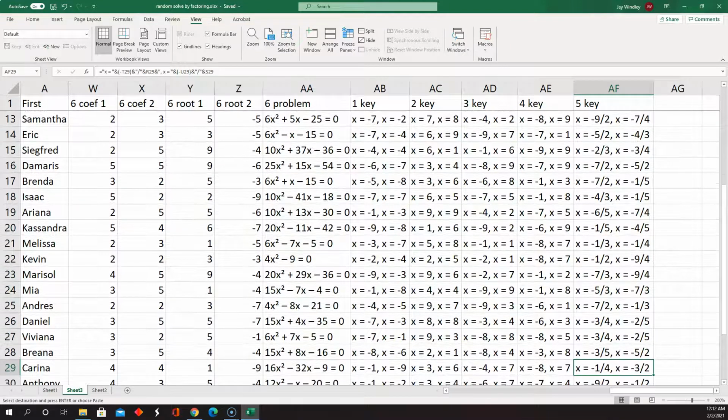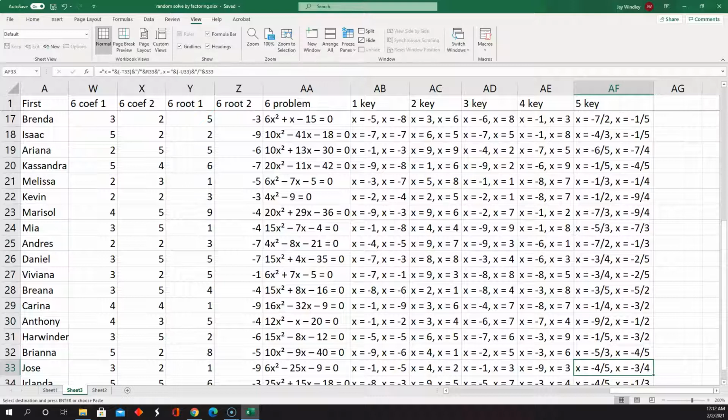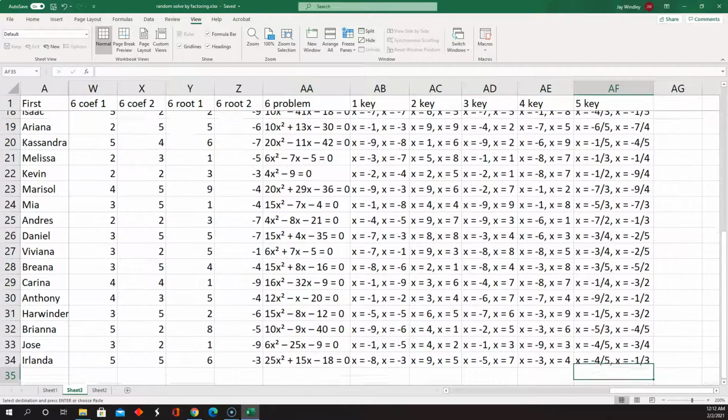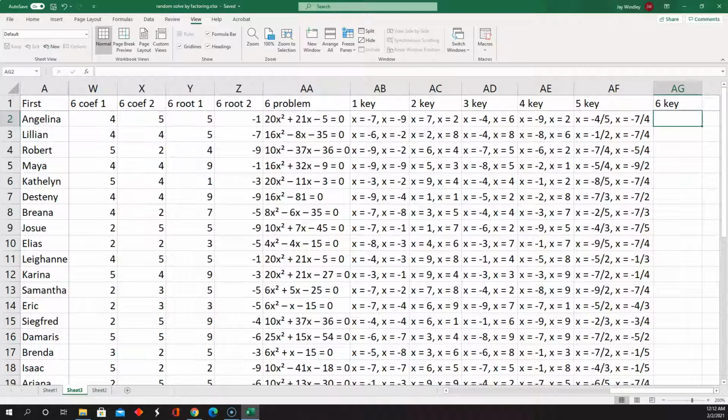And again, because I'm the only one looking at the key, I don't care if those fractions look like vertical fractions or this kind of old school fraction or not. And then one last thing, 6 key.